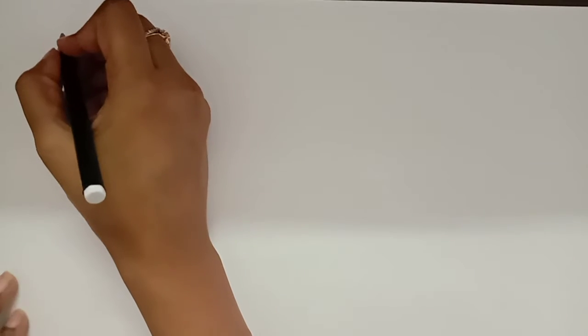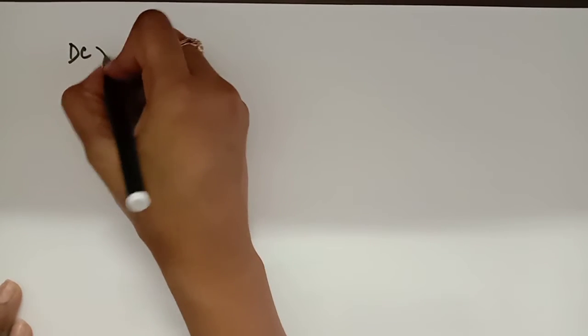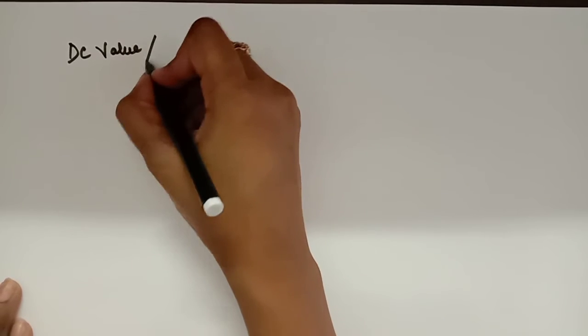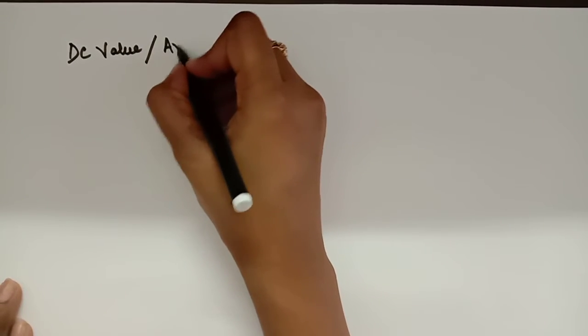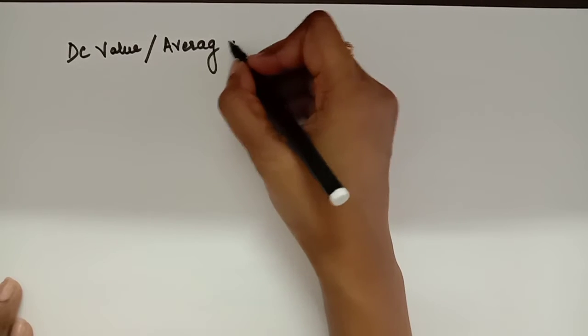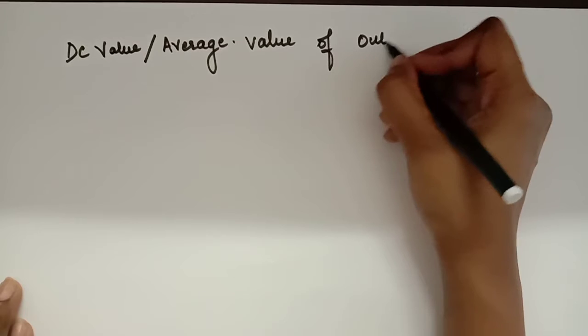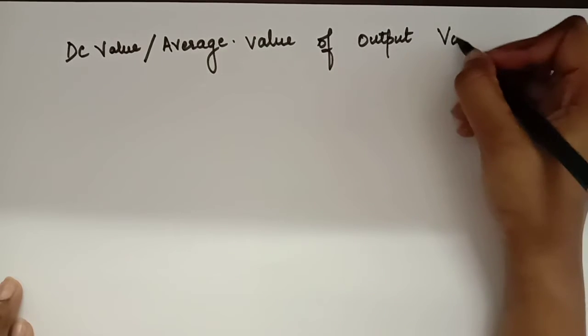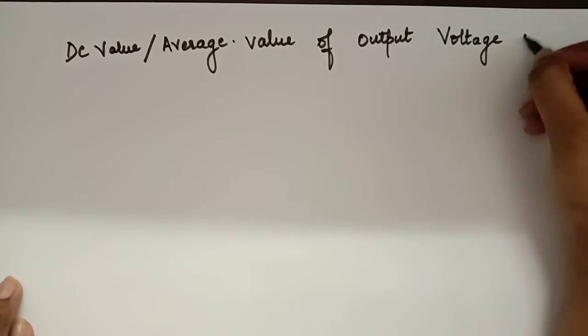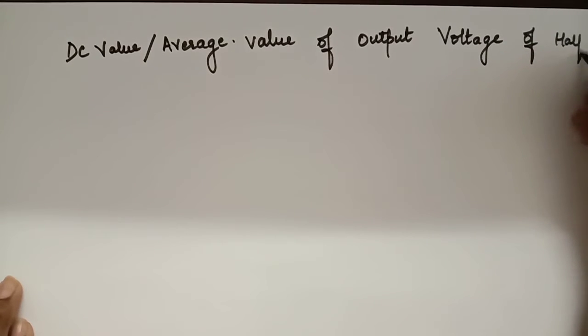So we'll calculate the DC value or the average value of output voltage of half wave rectifier.